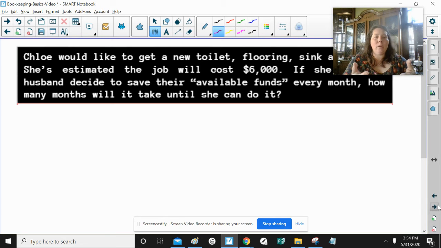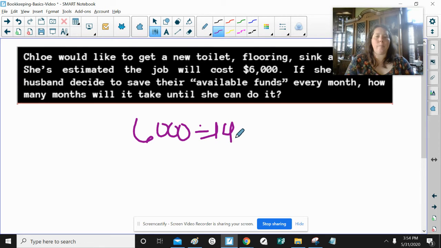So we're looking at what they want to do. They want to do a kitchen remodel, and it's going to cost $6,000. Well, we're going to take that $6,000 and divide it by the available funds, which is $140. So 6,000 divided by $140.